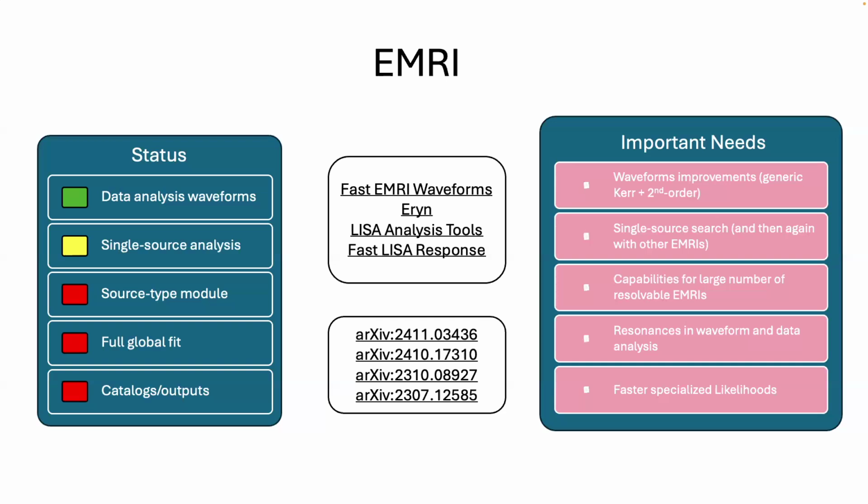Some important needs we should think about. Waveform improvements, like I said, but we're on the way to that. That's more about making sure everything slots in and works right. The single source search, like I said before, is definitely our biggest outstanding issue. We may have more clarity on MRE rates from these QPE sources, if I have that name right.